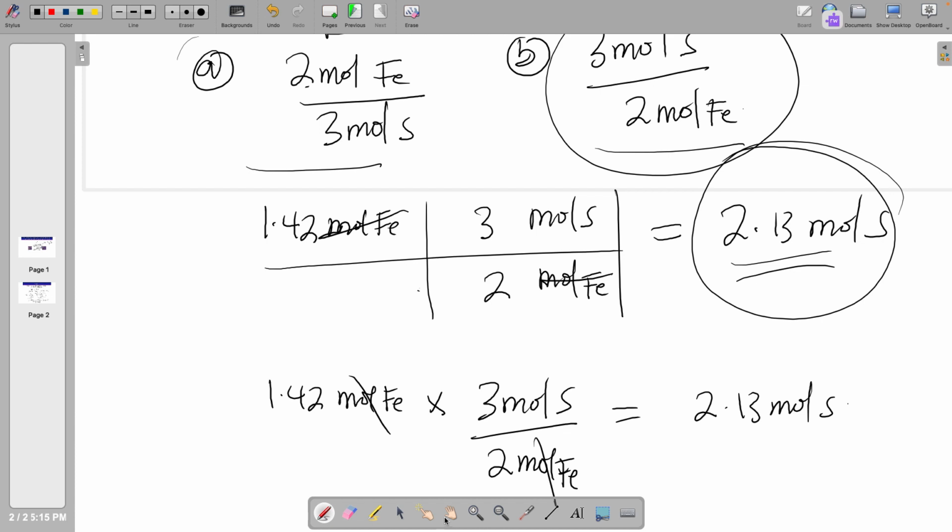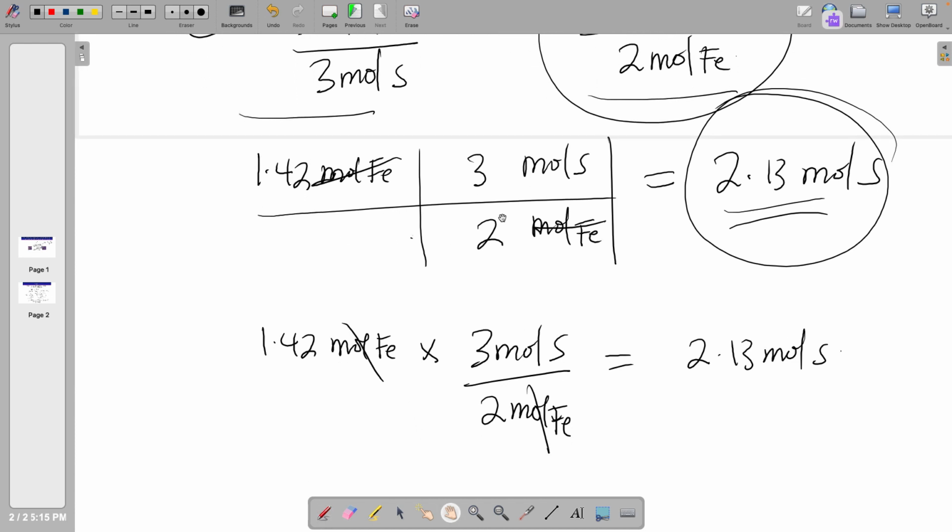This setup is similar to the table setup. In the table setup, the horizontal line is the division line, and the vertical lines are multiplication. So it's the same as what we have in the table. You can pretty much use the table, or you can use the bottom one.